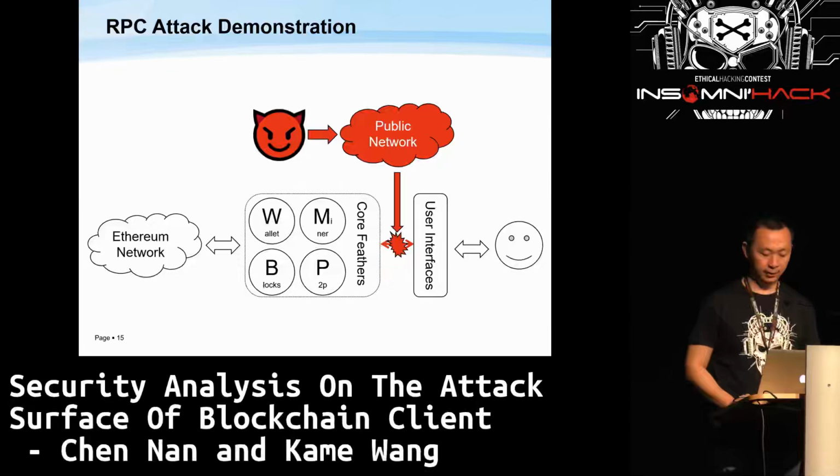In order to have a comprehensive research on the RPC attacks, we need to figure out the following three questions. Number 1, how many nodes are vulnerable? Number 2, how serious are the attacks? And number 3, what measures are attackers leveraging? In order to figure out these questions, we have developed an analysis system. It contains a honeypot, a victim sniffer, and a node detector.